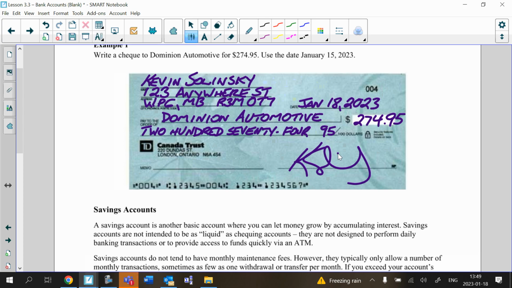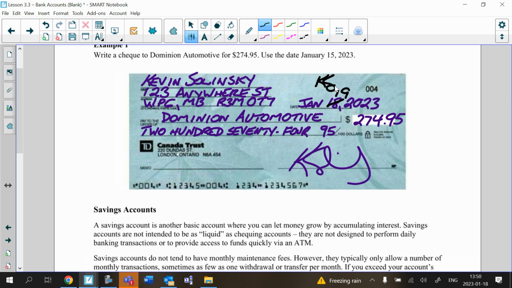I could do this, but then I've got to initial it because that indicates that I know that I made the change. But if you completely butcher a check, then you're best just to write it over again. It's not like they take a long time to do. But that's essentially what a check looks like and how we write a check.